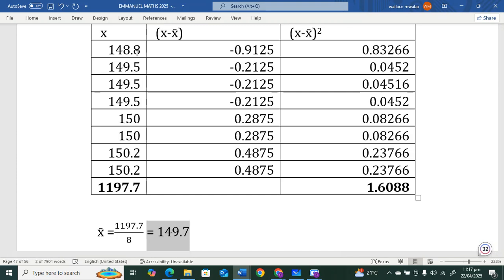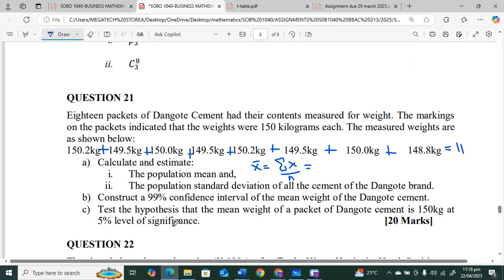Then, after you subtract, each value you're going to square. Yes, they've said 18 packets, but we're looking at 8.